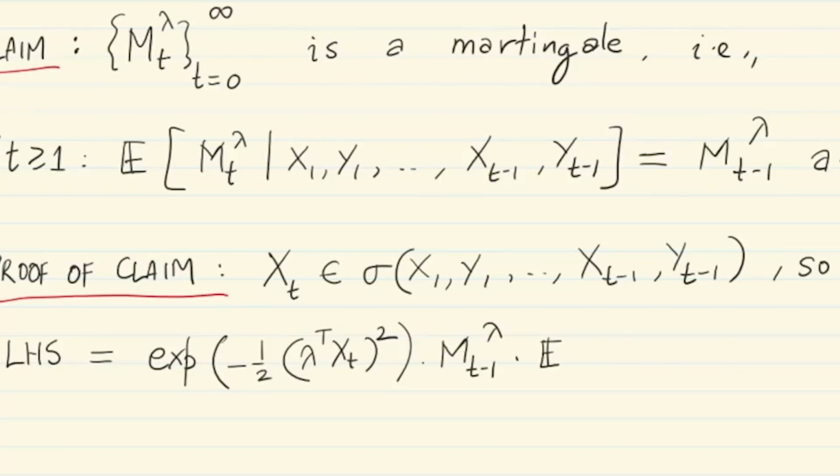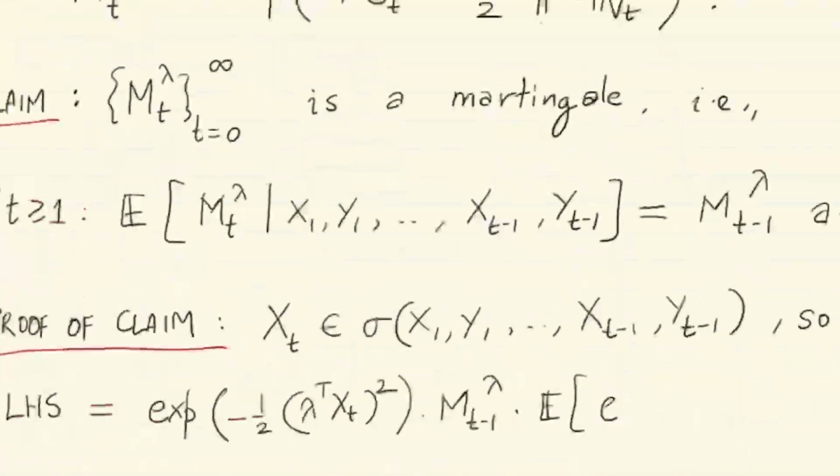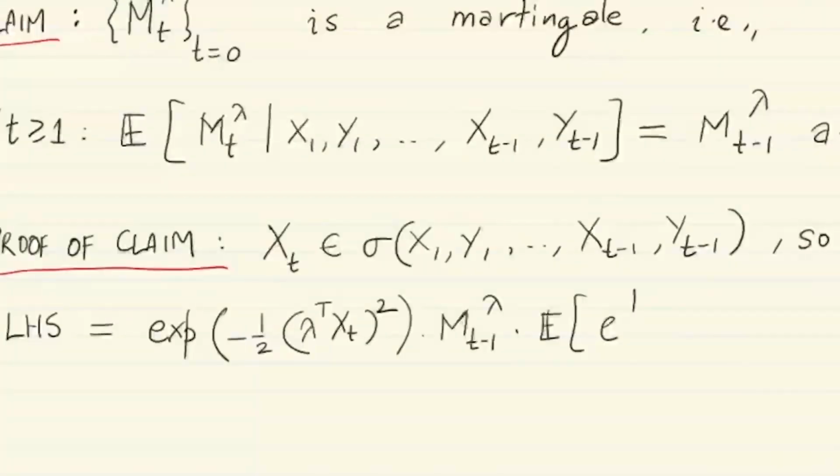The only thing that remains inside the conditional expectation is the last term of lambda transpose S_t, which is basically e raised to w_t lambda transpose x_t, given everything in the past.